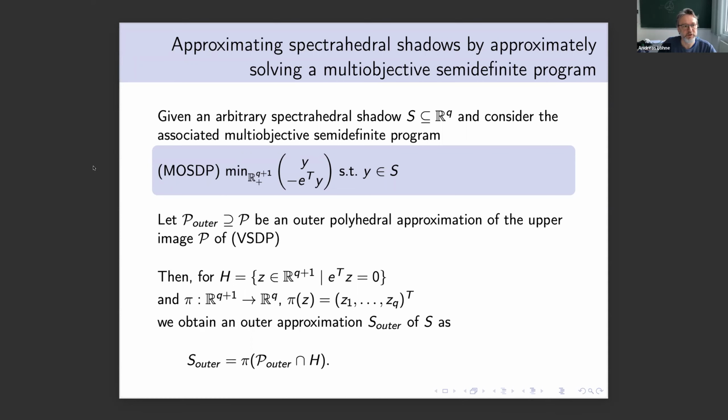In the framework of spectrahedral shadows and convex sets, I only speak about approximately solving. That means on the side of set approximation, we aim to find polyhedral approximations of the sets, and on the side of optimization, we want to find approximate solutions, and these approximate solutions correspond to polyhedral approximations of the upper image, though they are actually the same idea.